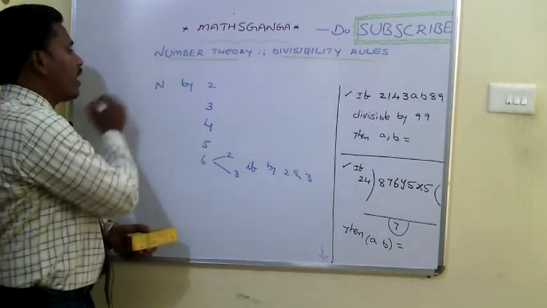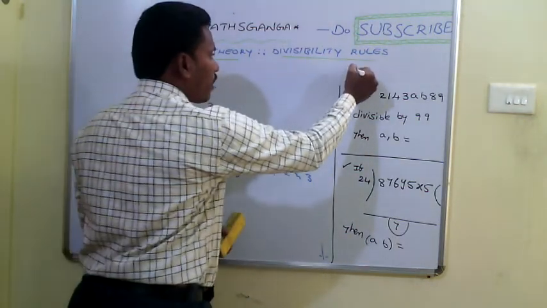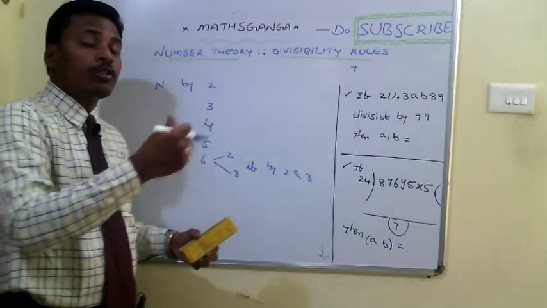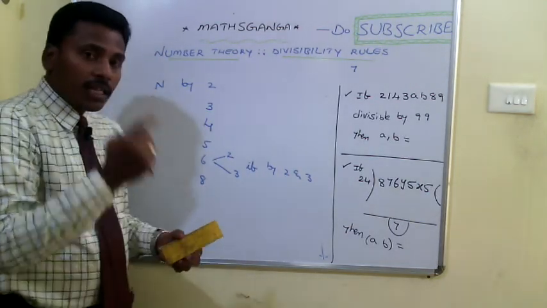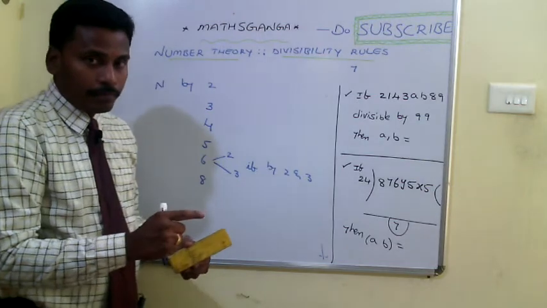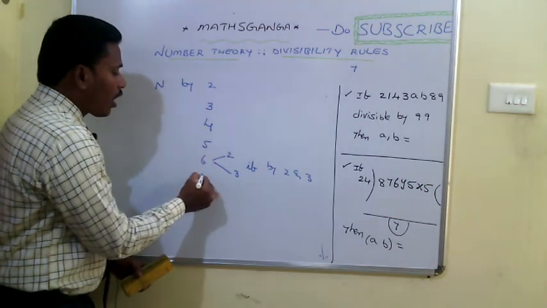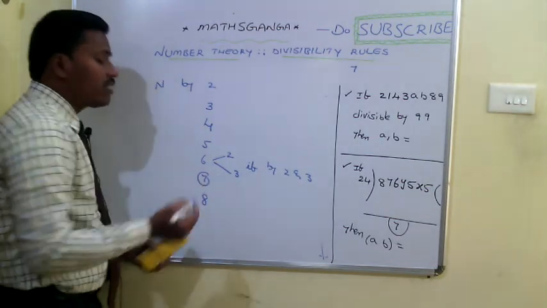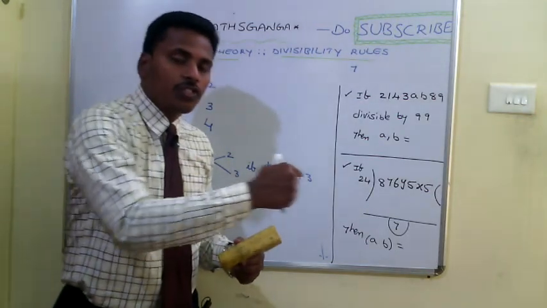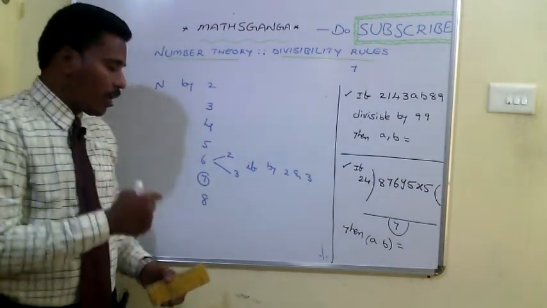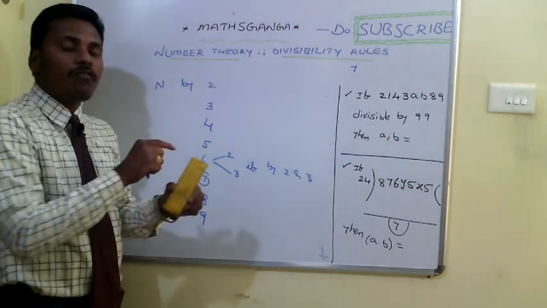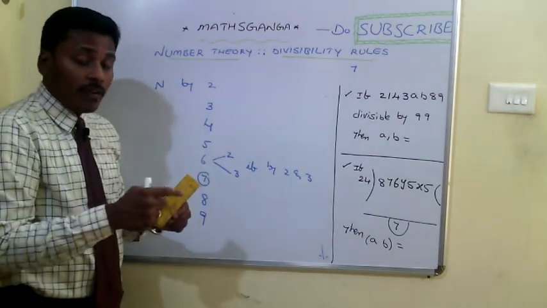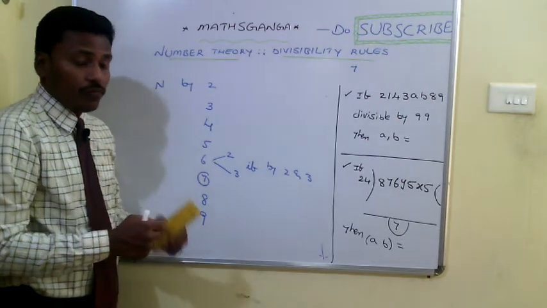And 7 is a prime number, keep it aside; we are going to discuss the divisibility rules for these numbers in the coming videos. Then coming to 8, a number is divisible by 8 if the last three digits are divisible by 8. A number is divisible by 9 if the sum of the digits is divisible by 9, and we discussed certain examples in the previous videos.